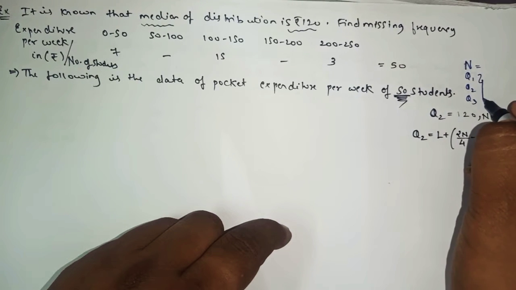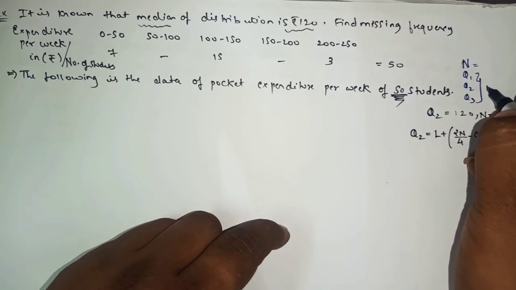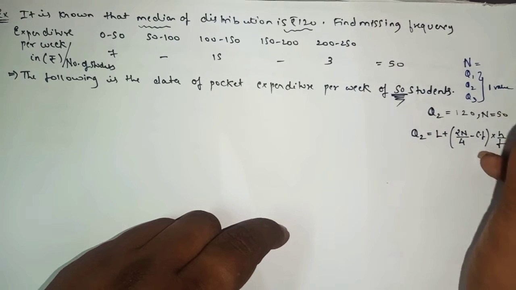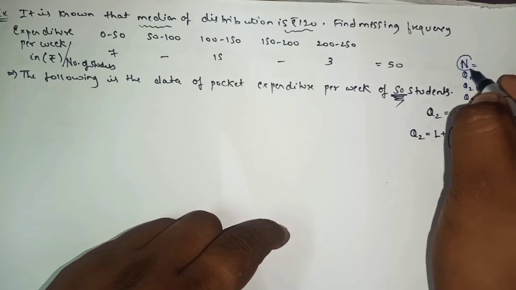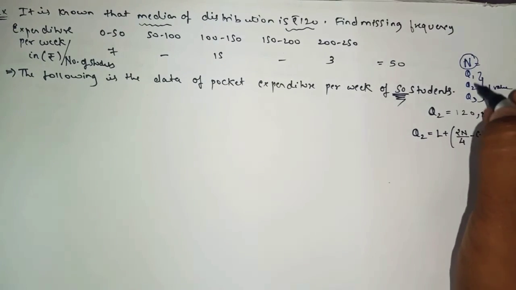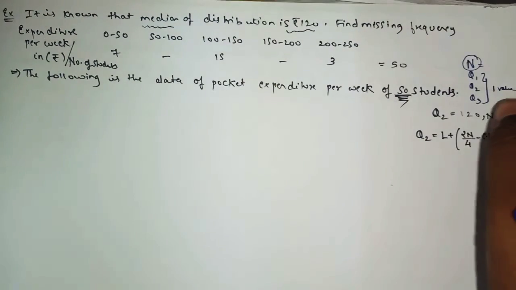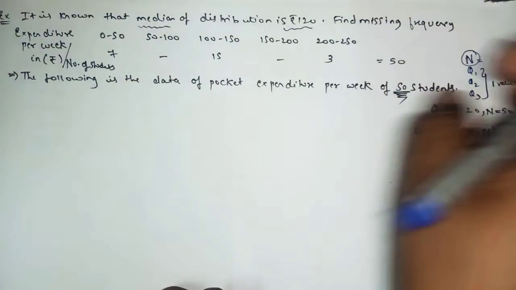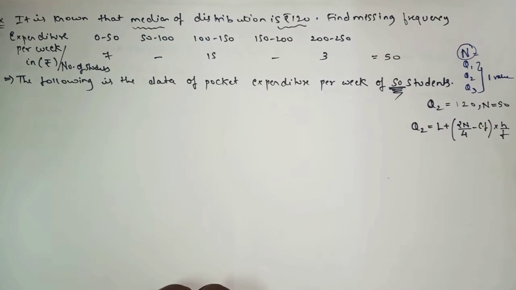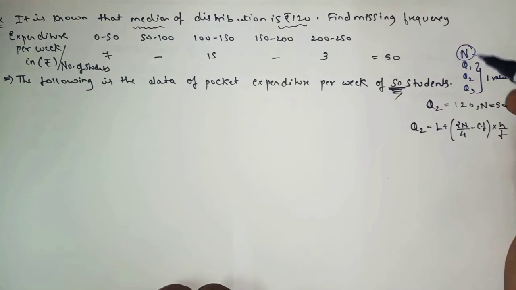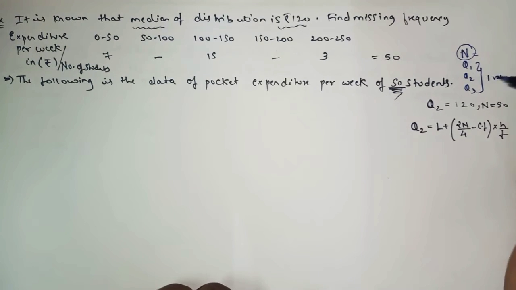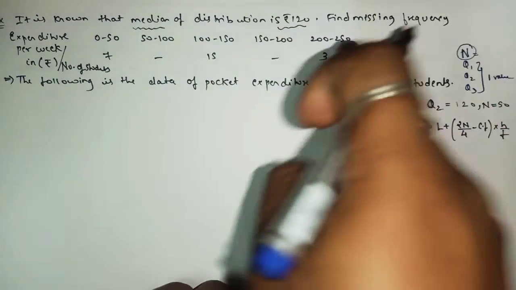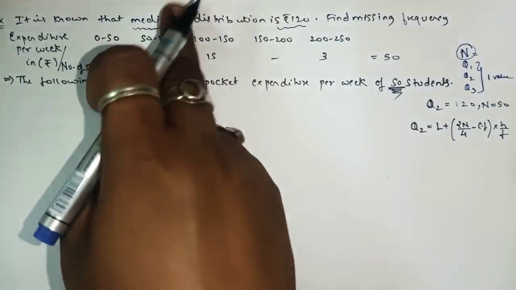Out of these three we must have one value. With the help of n and one of these three we can find our missing frequency. Without knowing the value of n and Q, we cannot find the missing frequency. So whenever we have to find the missing frequency, we require the total frequency as well as the quartile.